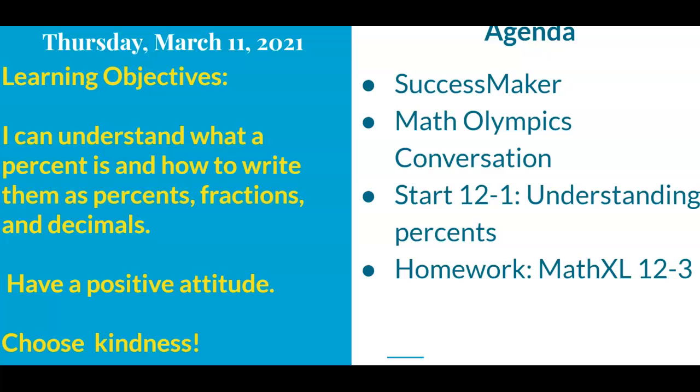A percent is a ratio that compares a number to 100. That's the symbol for a percent, and we all know that. Then you can write a percent as a fraction with the denominator as 100. Okay, that is what a percent is. When you put that denominator at 100, that's going to be your percent.